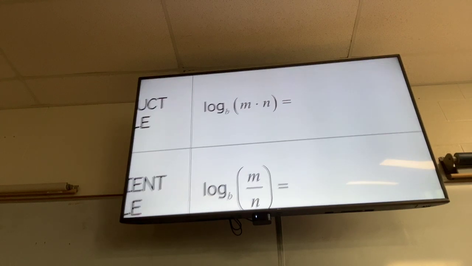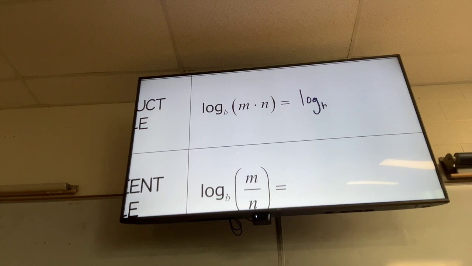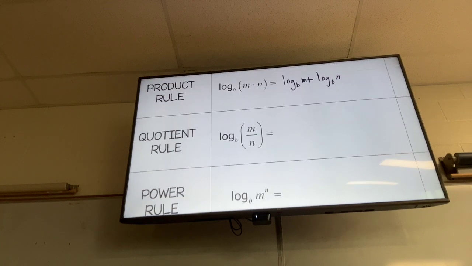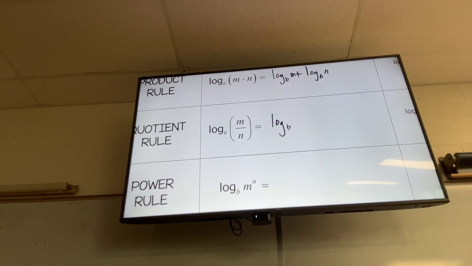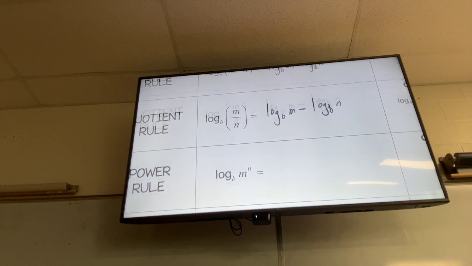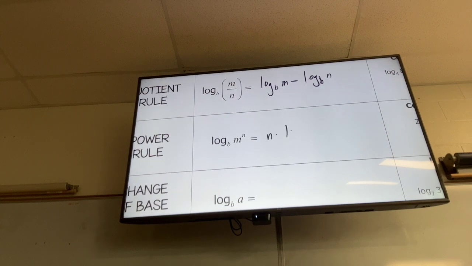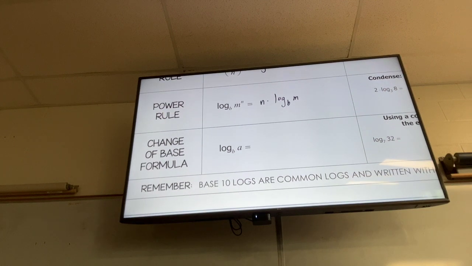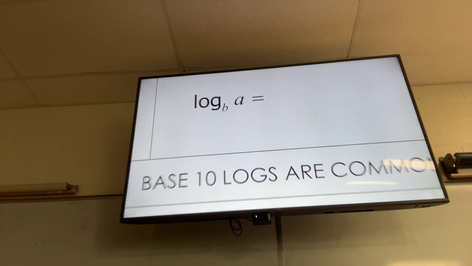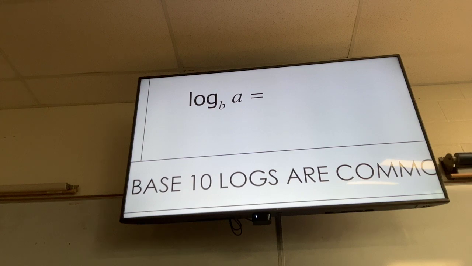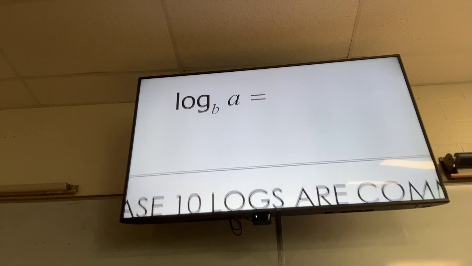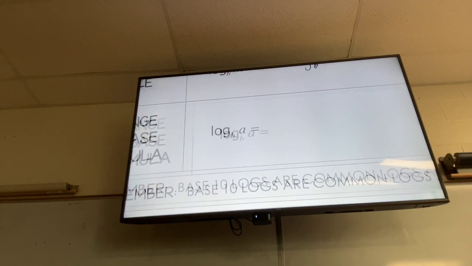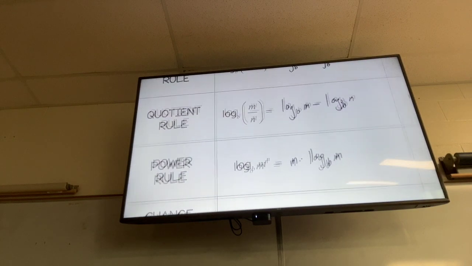All right. This is just log base b of m plus log base b of n. This one is log base b of m minus log base b of n. This is n times log base b of m. Change of base, a little review from yesterday or Friday.